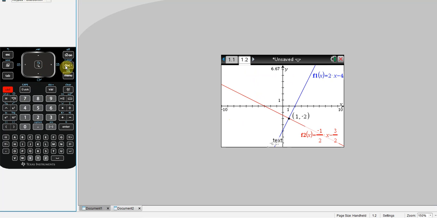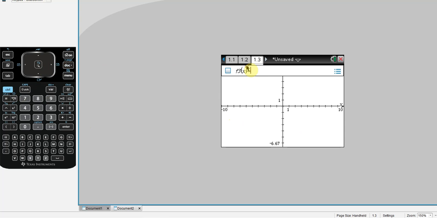So get up a new graphs page, put in our two equations. We've got 5x minus 4, and tab for a new page. We've also got 3x plus 6.